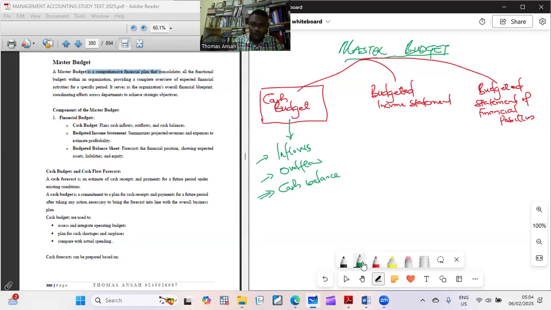If you have done financial reporting or corporate reporting before, you realize that doing a cash budget is similar to your IAS 7 statement of cash flow.